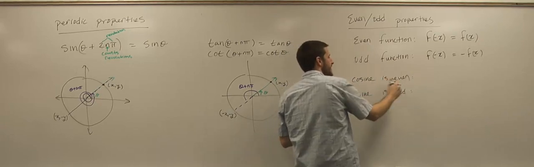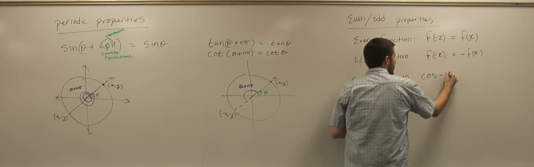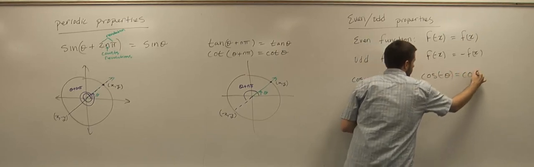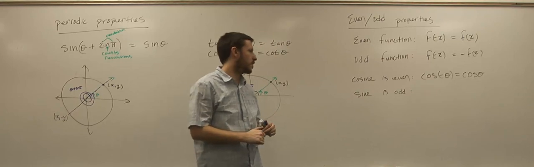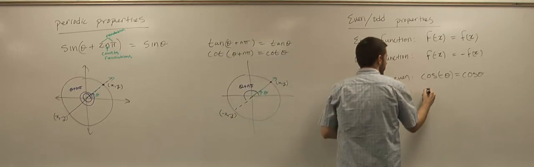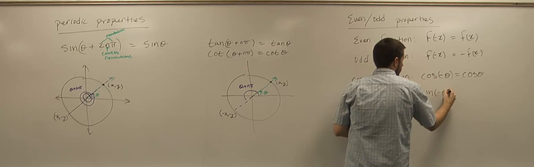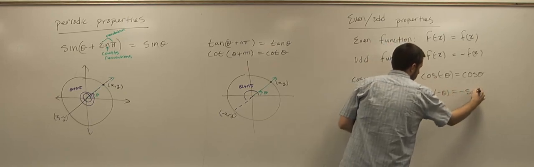When I say cosine is even, what I mean is if you put a negative inside, it vanishes. What I mean by sine is odd is if you put a negative inside, it pops out front.